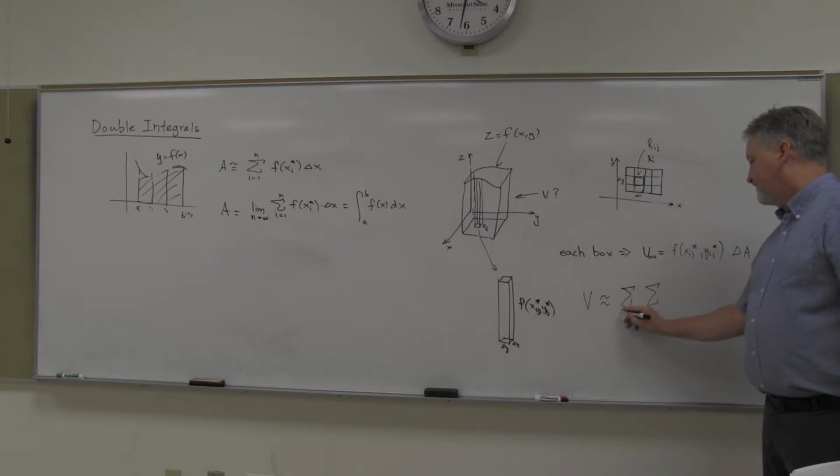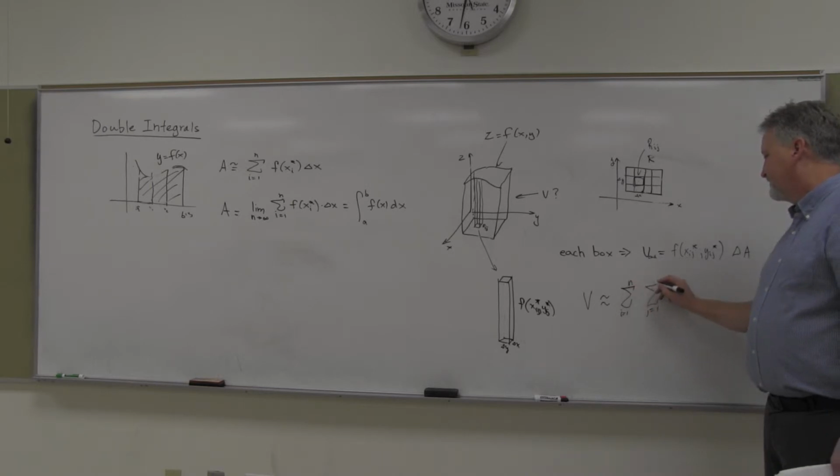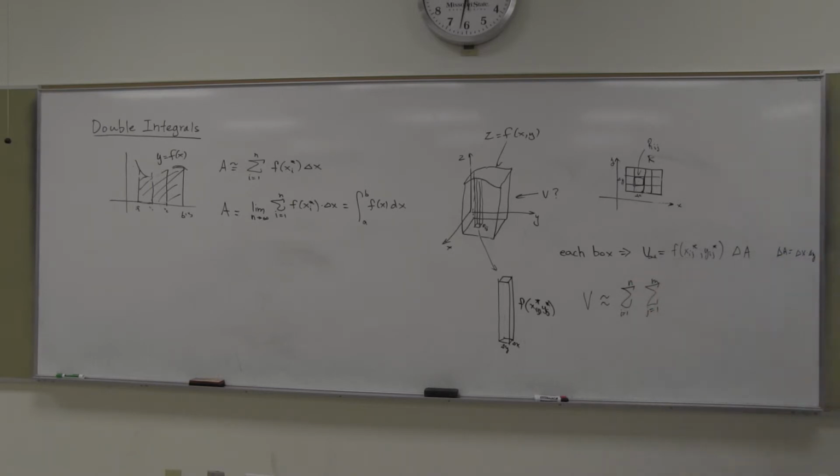So you got to do the summation on the i's and the j's. And again, they don't have to be the same amounts there, so m and n denote that I've got different amounts, dividing them up into different amounts there.